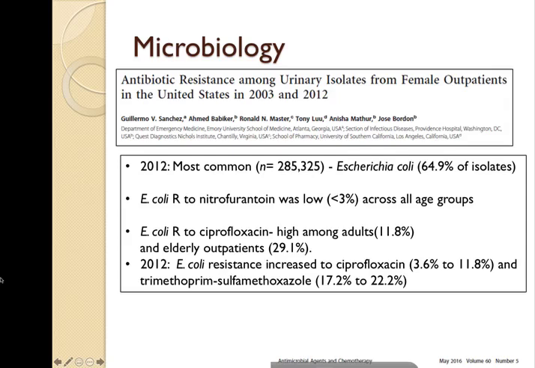And most of those isolates, as we already know, they were E. coli. When they looked at the susceptibilities, what they found is that in the past or more recently, there was a good susceptibility of E. coli to nitrofurantoin, and that remained the case. What they found out is that there was a rise in ciprofloxacin resistance from 3.6 to 11.8%, as well as trimethoprim-sulfamethoxazole that went up from 17.2 to 22.2%.